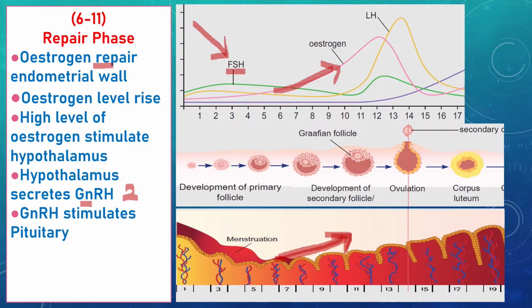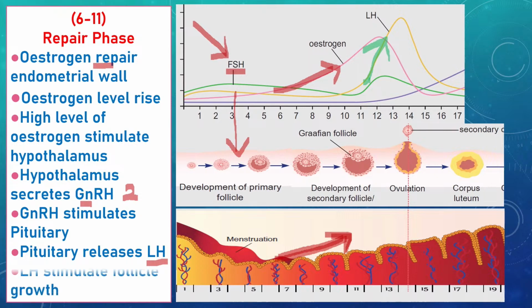So that it can start the development of follicle. Now the follicles are growing big. The second secretion of gonadotrophin is to stimulate the pituitary to release LH, the second hormone from the pituitary. That's when here you can see the level of LH increasing.